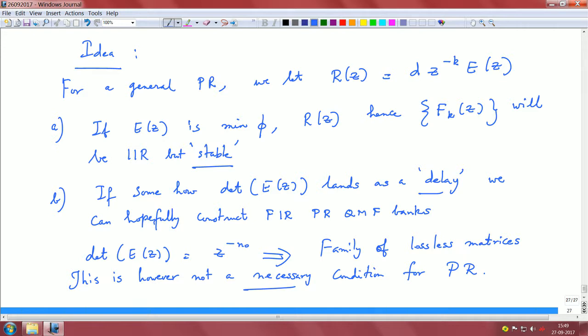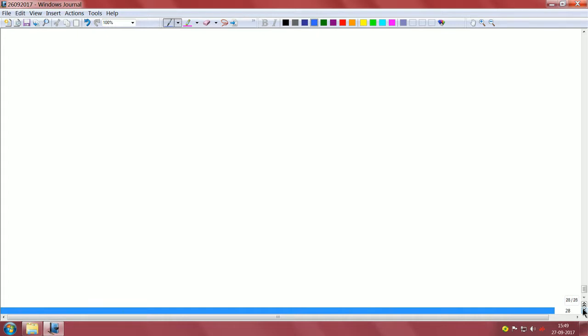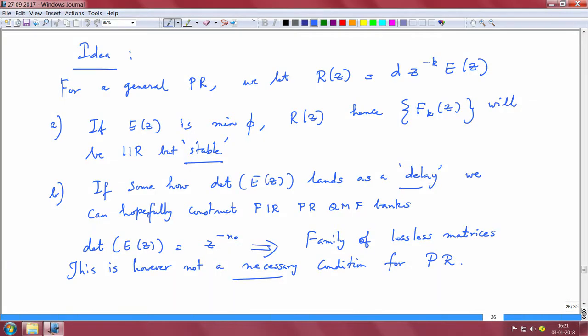Such matrices which have this property are good. Small thing to note before we wrap up with this slide, just a detail: this has to be an inverse here, because R times E of z must be basically D times a delay. So therefore this has to be E inverse.